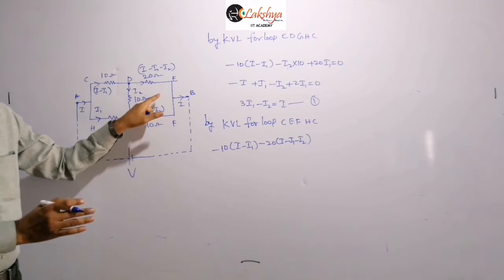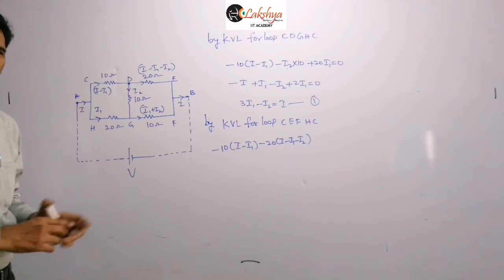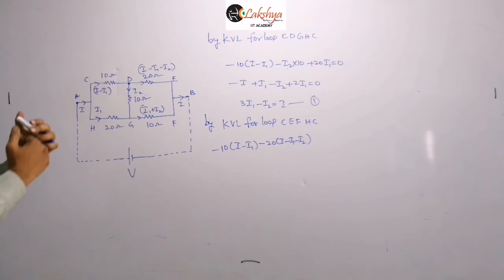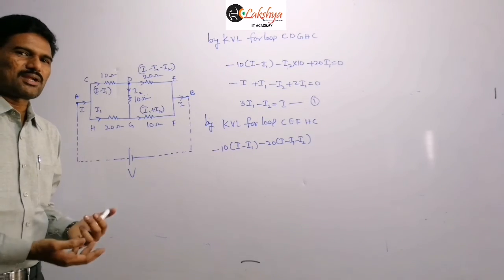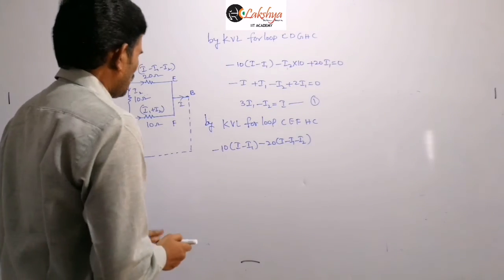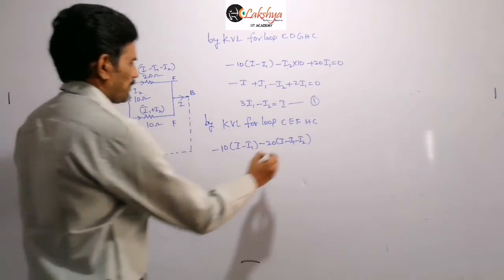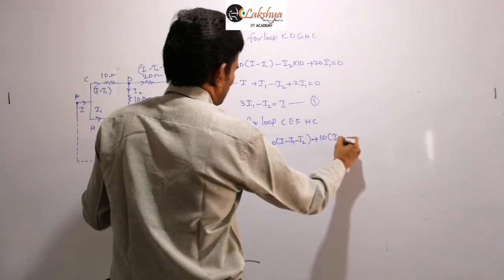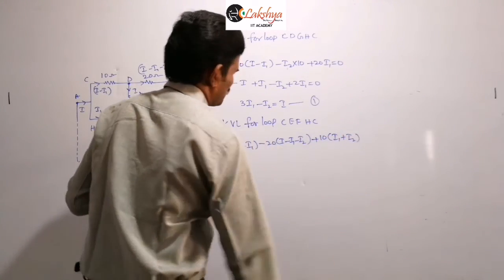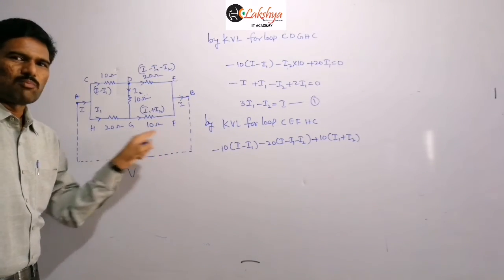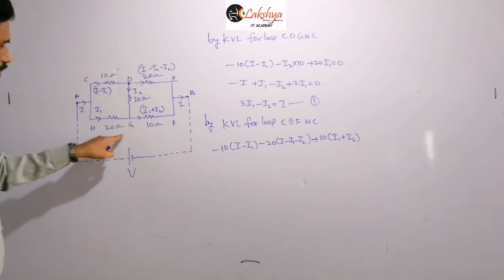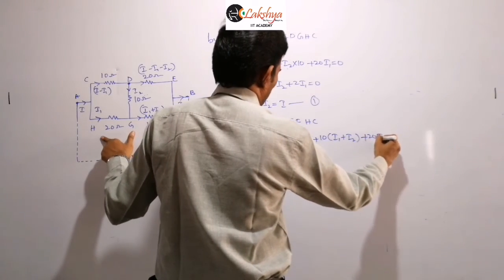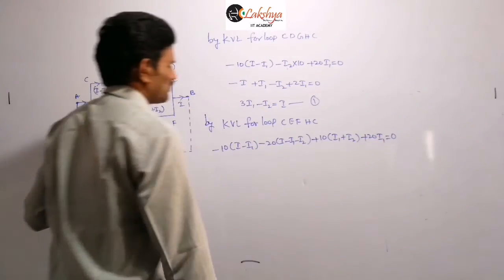We are not learning any new thing here, right? We know already how to apply the Kirchhoff laws, and we know how to find the different parameters with the help of it. And so next, plus 10 into I1 plus I2, because here we are traveling opposite the direction of the current, and here also we are traveling opposite the direction of the current, plus 20 into I1. This is equal to 0, right?